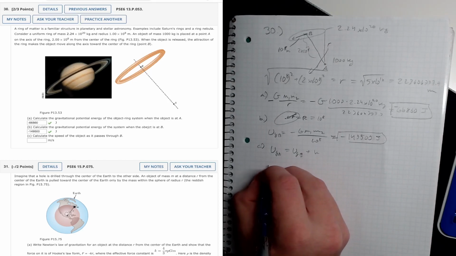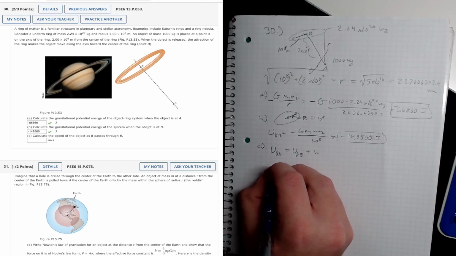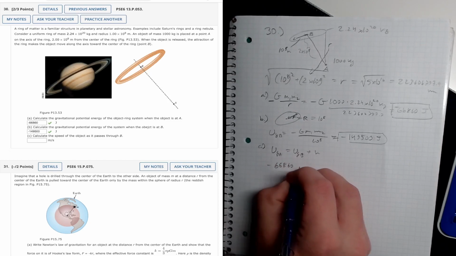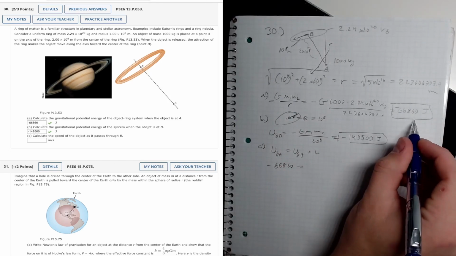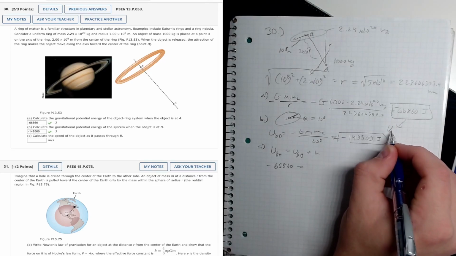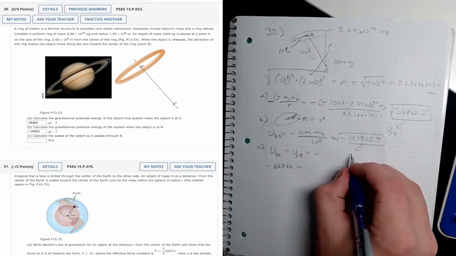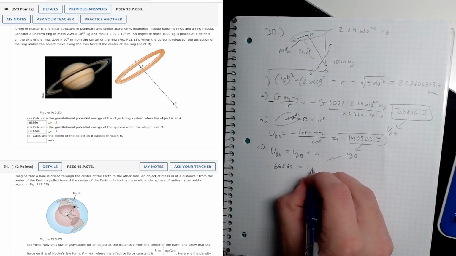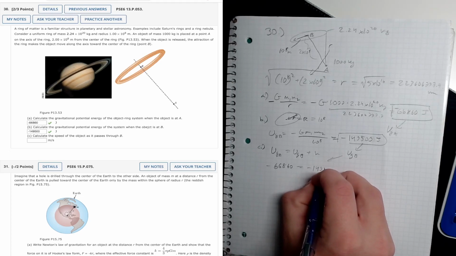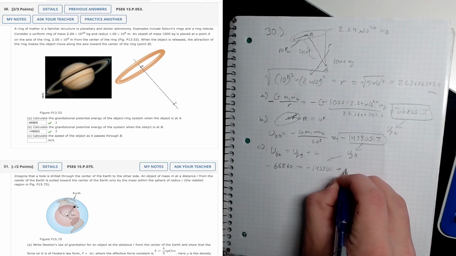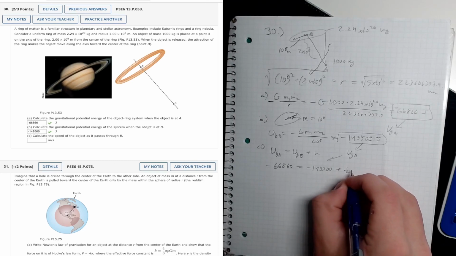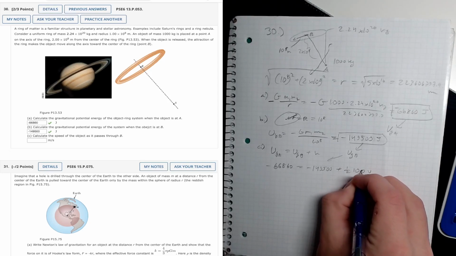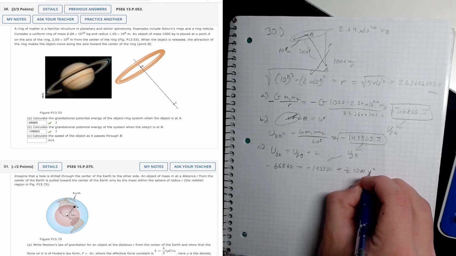So negative 66860, because we already have the values of UGA and UGB, put that in, equals negative 14,950 plus 1/2 small m 1000 v squared final.